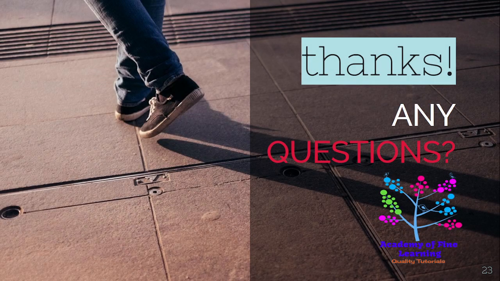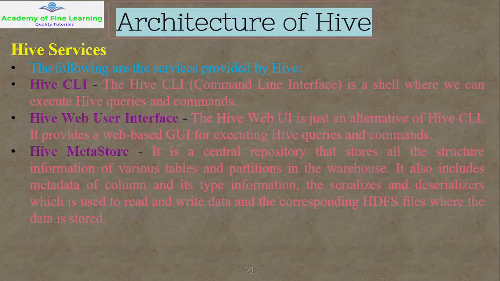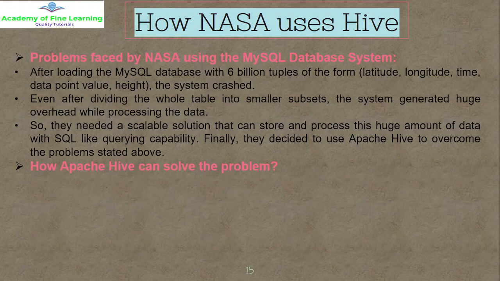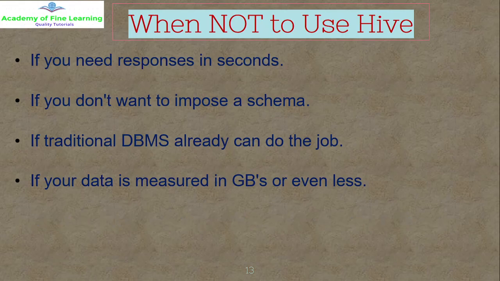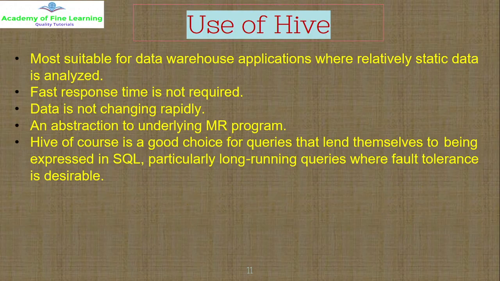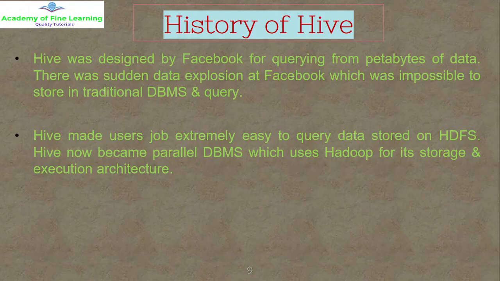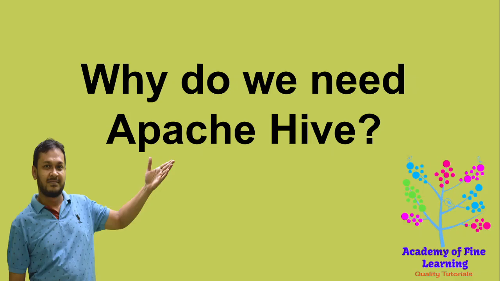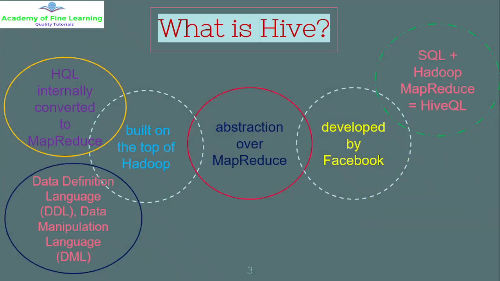So this is the basics of Hive and its architecture, the requirement, why someone should learn Hive, the case study of Hive, all the examples, when to use Hive and when not to use Hive, the history of Hive, the features of Hive, the requirement of Hive, and the basics of the current programming language or a new concept.